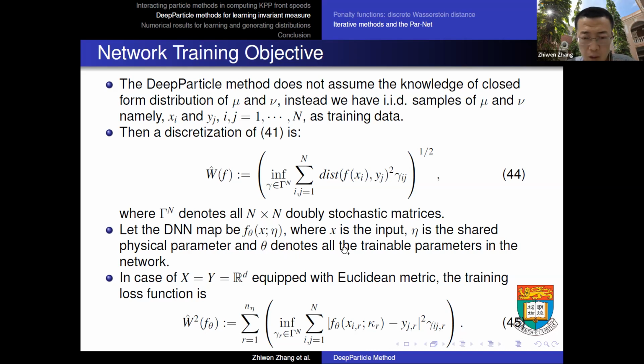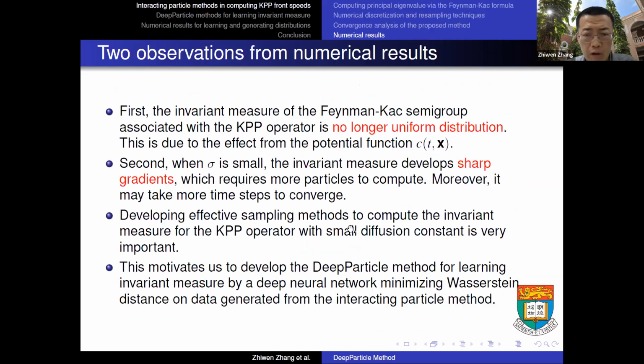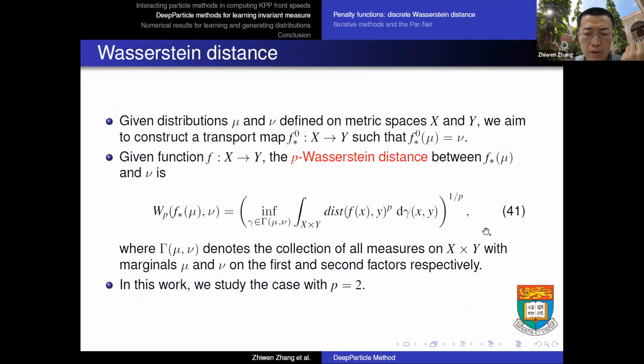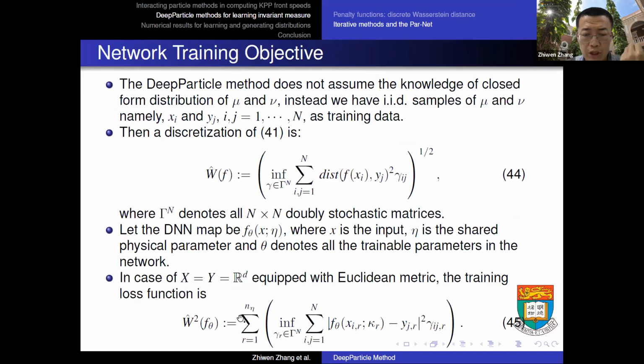Then we have a one-pair distribution, and actually from this different set of training data, you can choose several pairs, like from here to here, from here to here, from here to here. You can get several pairs of training data, so you do a summation over all these different pairs. Then you get this training loss function.